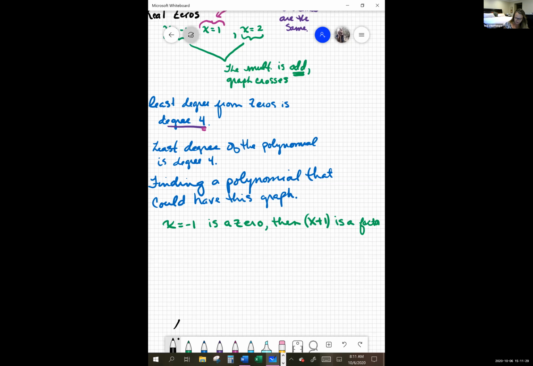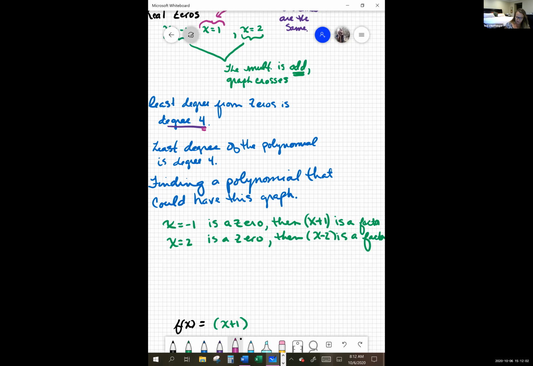So far for our polynomial, we have a factor of x plus 1 in here. So far we have f of x equals something times x plus 1. And then for x equals 2, it was also odd. So the factor is x minus 2.